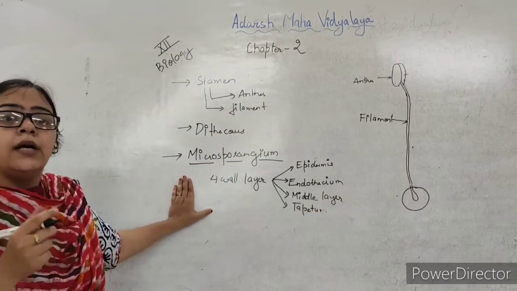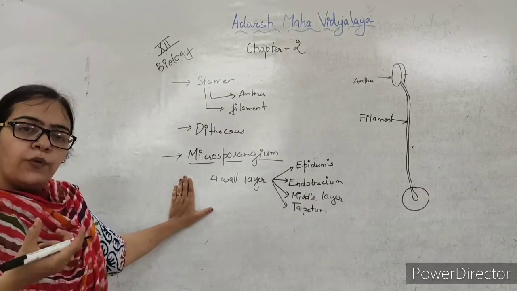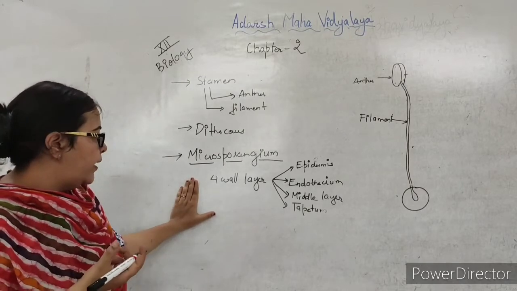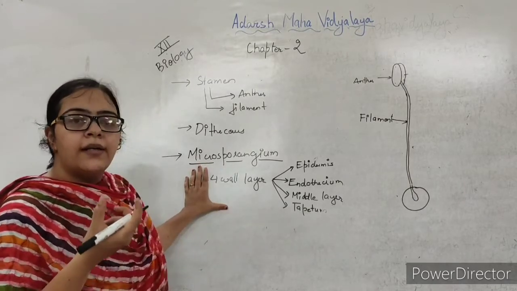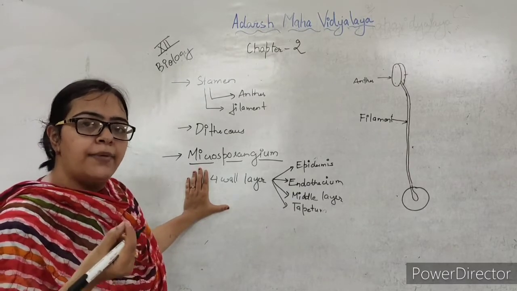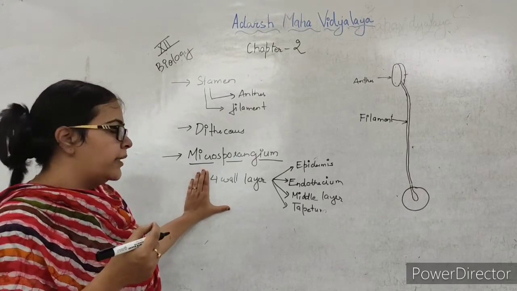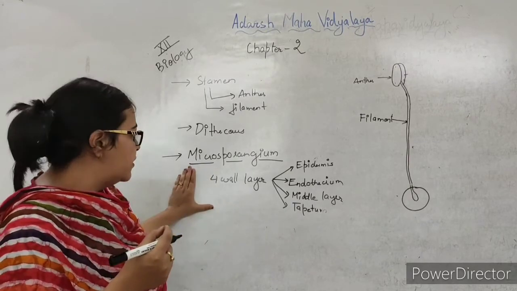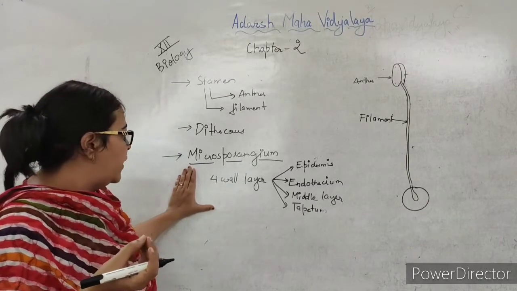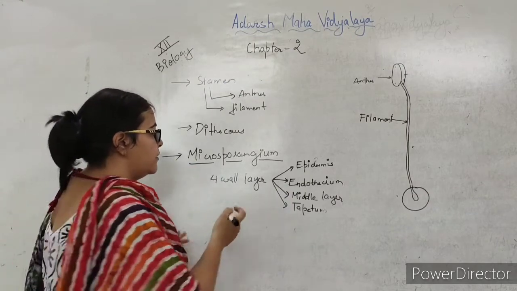Here we are talking about the structure of a typical microsporangium, where the pollen grains will be formed, that is the male reproductive gamete of flowering plant. When we observe this in the transverse section under a microscope, we will observe it is having 4 wall layers.